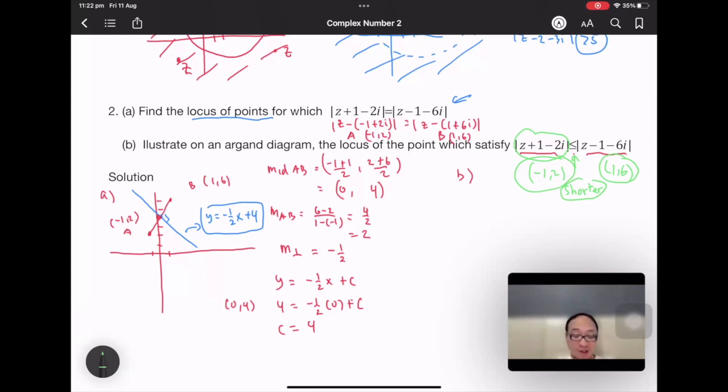So which region is closer to negative 1, 2?